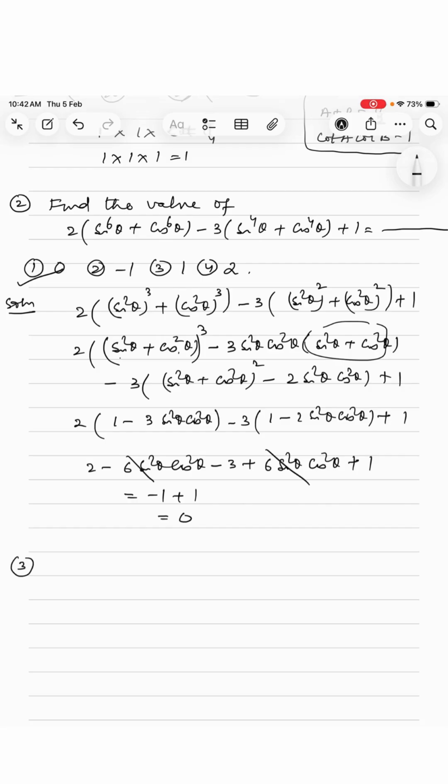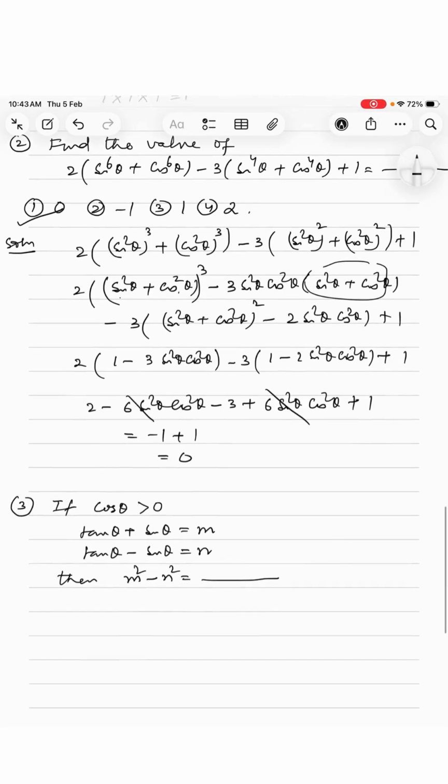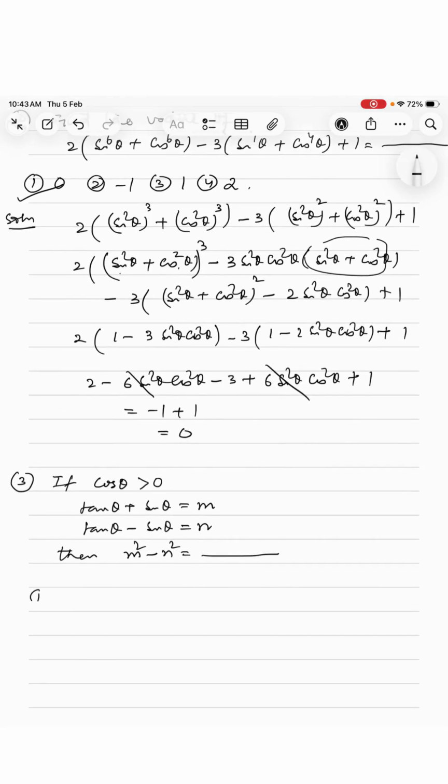Now the third question is, if cos theta is greater than 0, tan theta plus sin theta is equal to m, tan theta minus sin theta is equal to n, then we have to find the value of m square minus n square in terms of m and n.